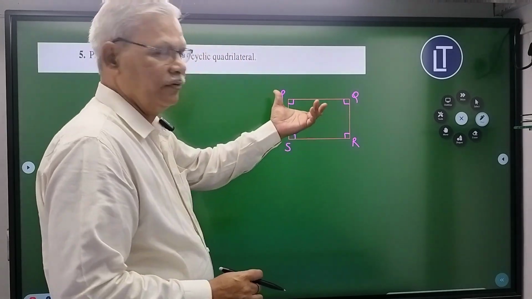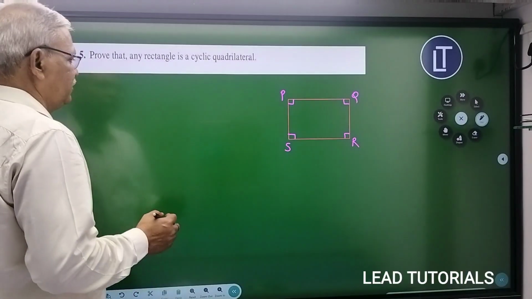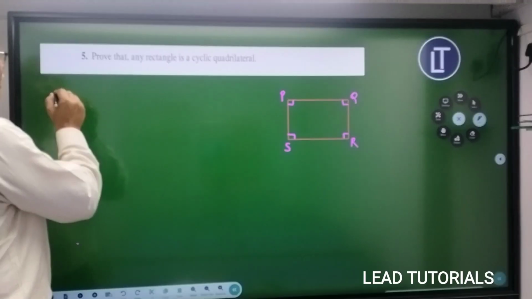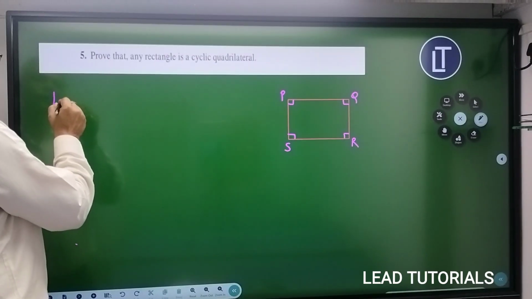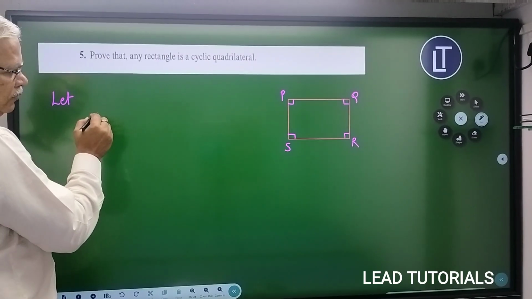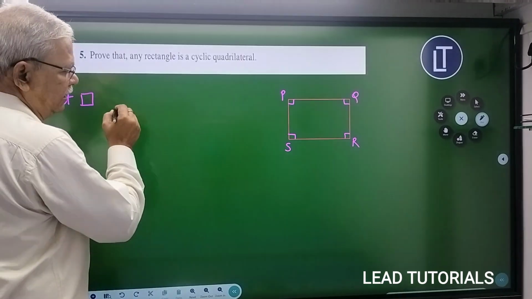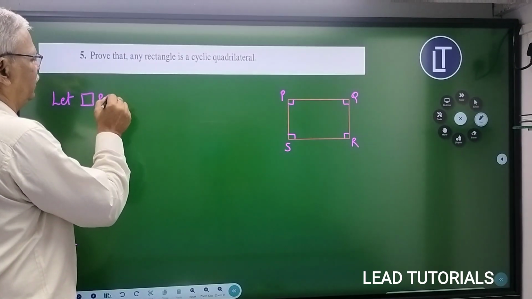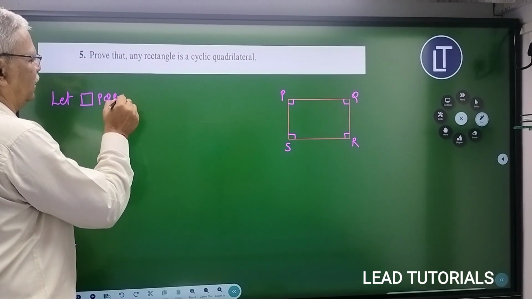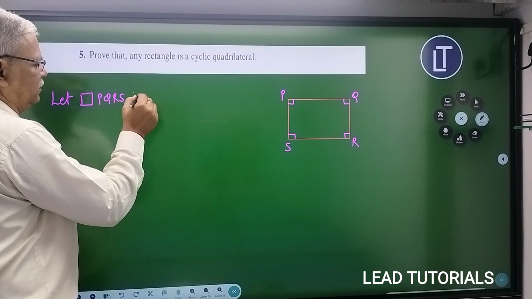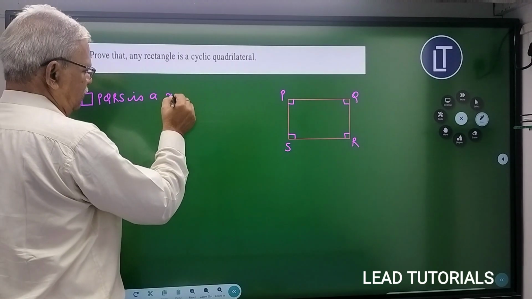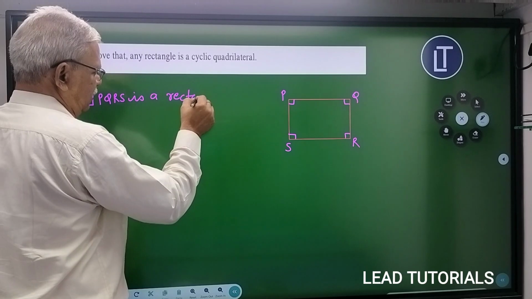Okay, first we will write here: let quadrilateral PQRS be a rectangle.